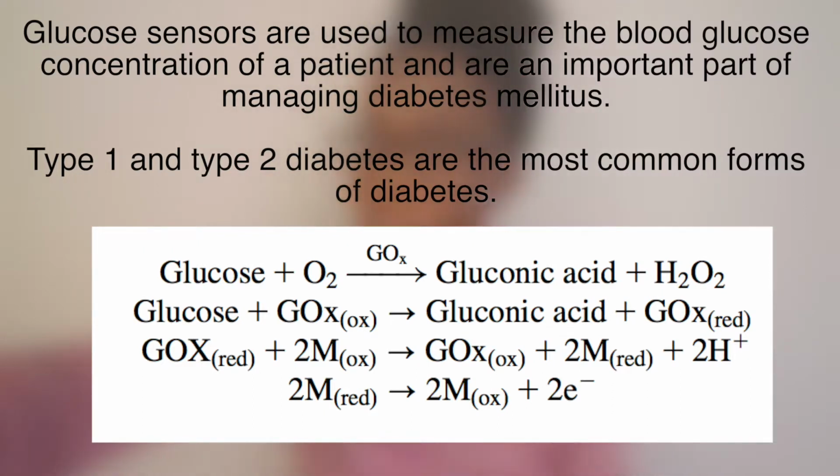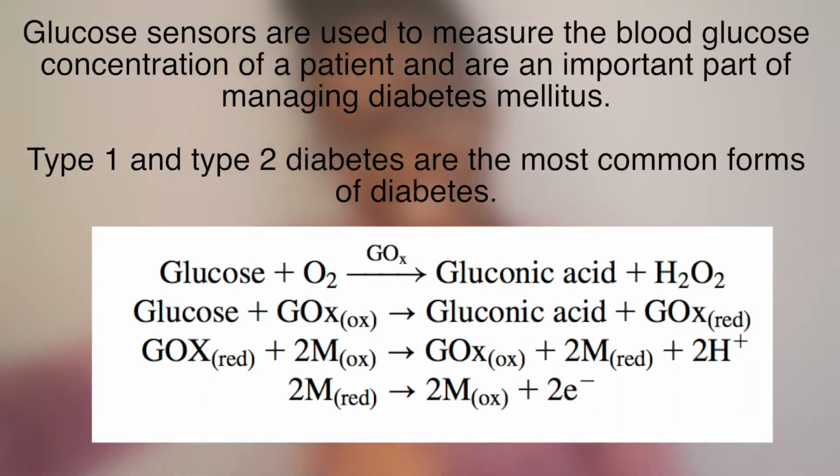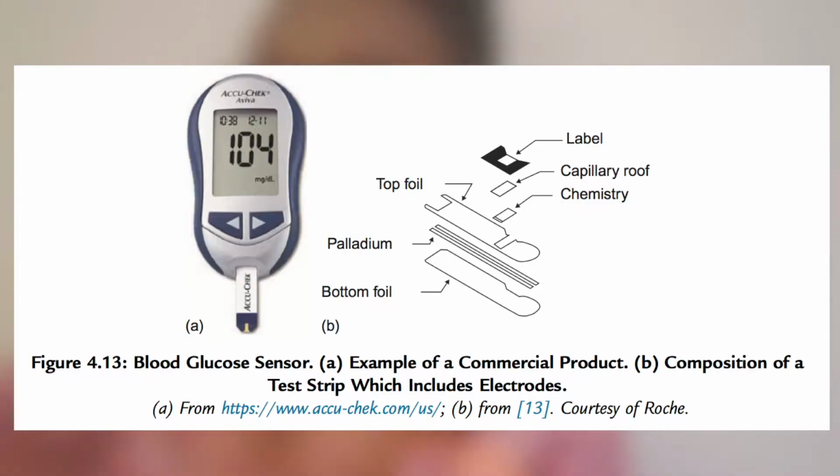The enzyme then reduces two mediators, and from there, through the oxidation process, the current is measured by the electrode. Pretty cool, right? There are commercially available glucose sensors, which work by pricking the finger to draw blood, and with a disposable test strip, the glucose concentration is measured.